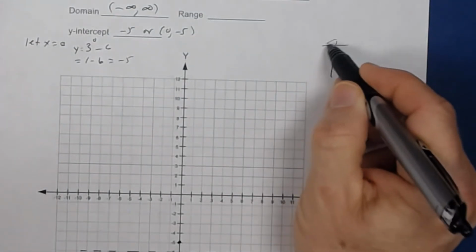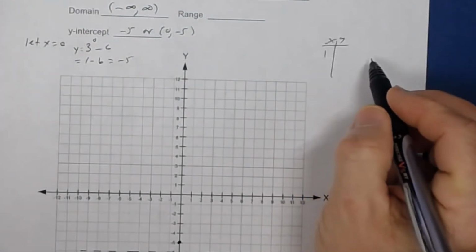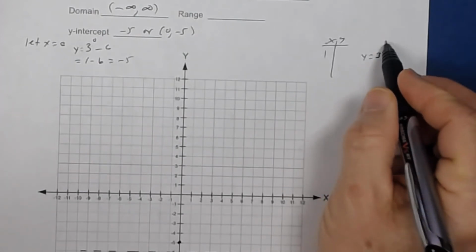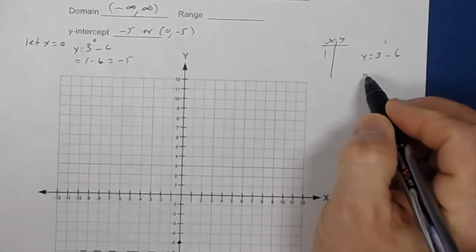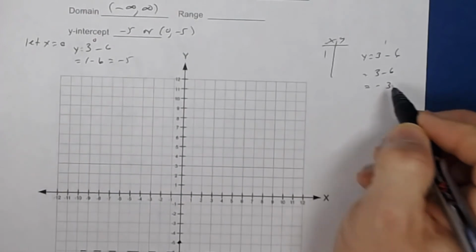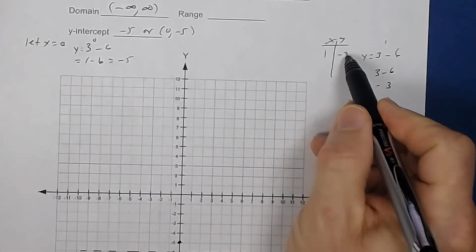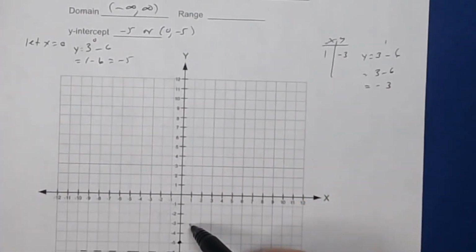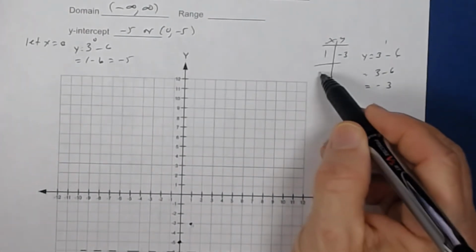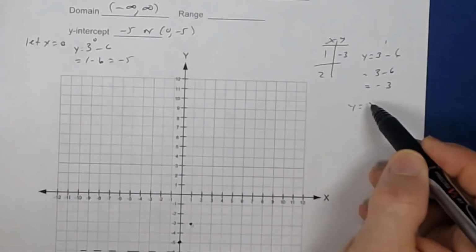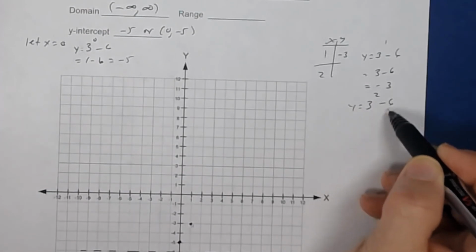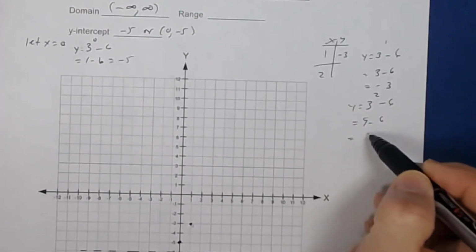So let x be 1. If x is 1, I get y equals 3 to the first minus 6. So that's 3 minus 6, which is negative 3. All right, so 1, negative 3 is right here. So you see it's going to increase, right? I need one more. If x is 2, I get y equals 3 squared minus 6, 9 minus 6, which is 3.